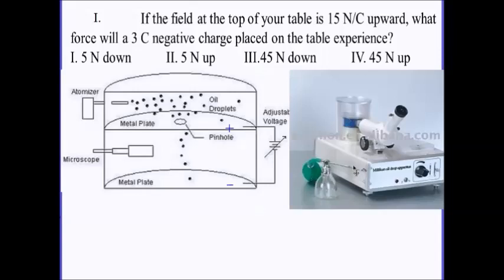You squeeze that bulb and the fine mist comes down this tube. You insert that. I think they would put it straight into this region, not up above and let it fall in, but maybe they do. Maybe there's a chamber up there that you can fill and they can fall in. Here's the microscope for looking in there, and then you have the ability to adjust the voltage between the top and the bottom.